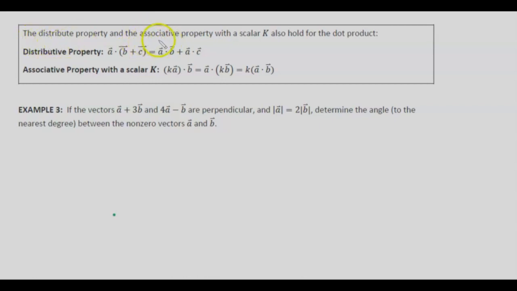The distributive property and the associative property with a scalar k also hold for the dot product.